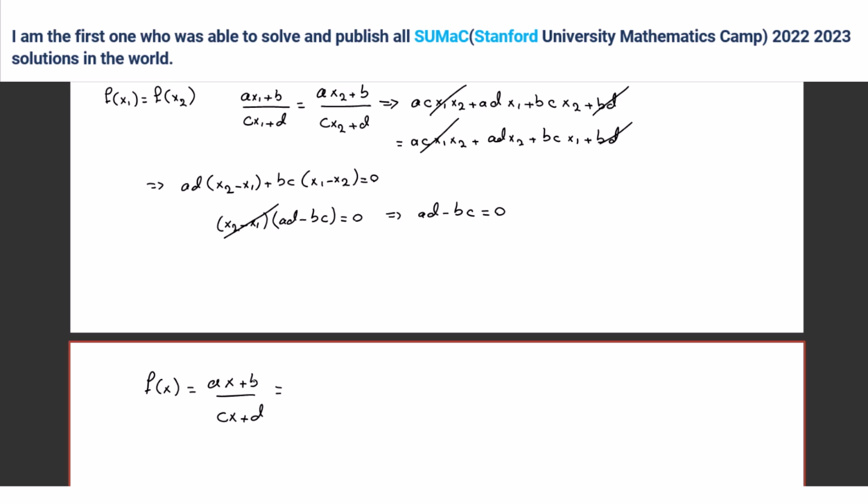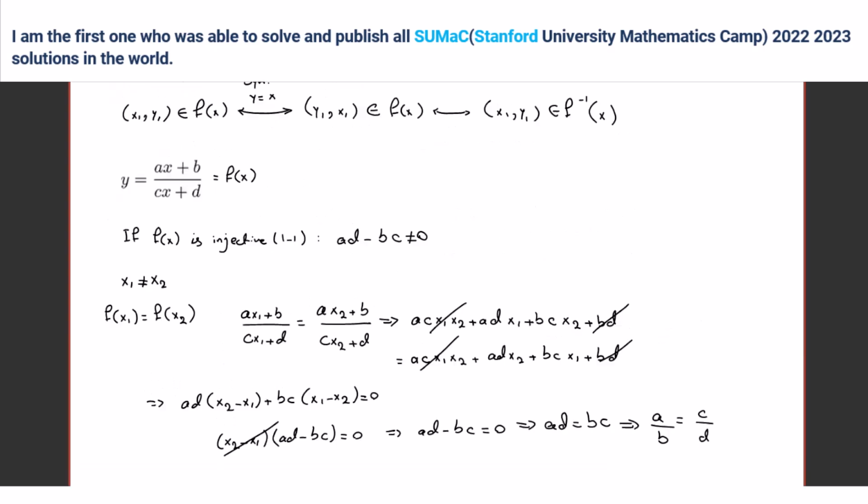We can factor out, because A over C is equal to B over D, so you can divide. Here AD is equal to BC, so A over B is equal to C over D, right?